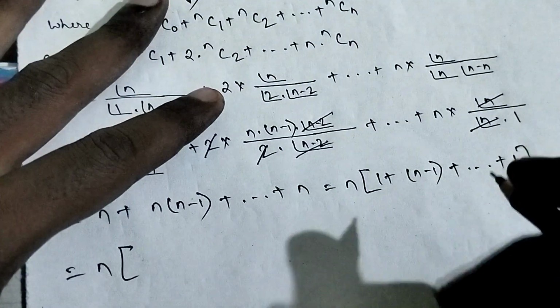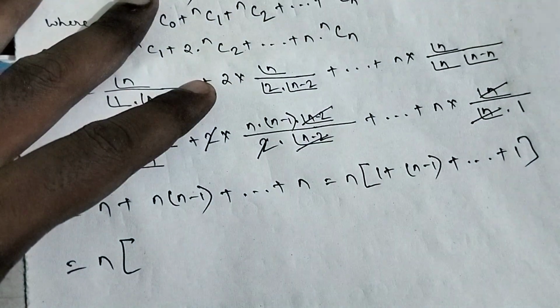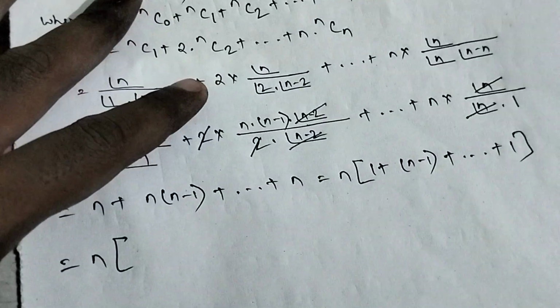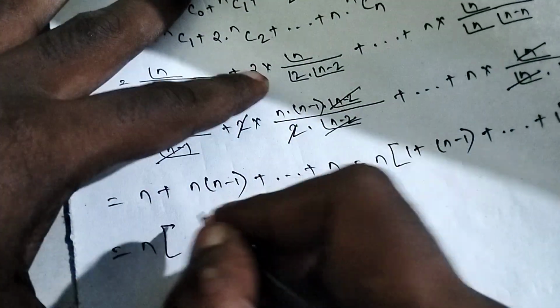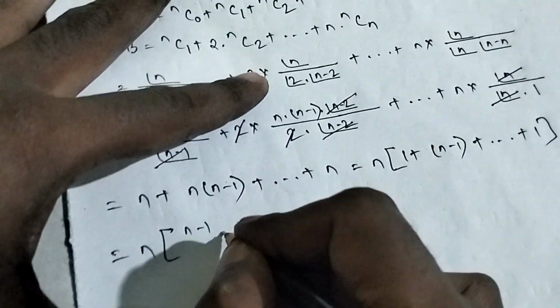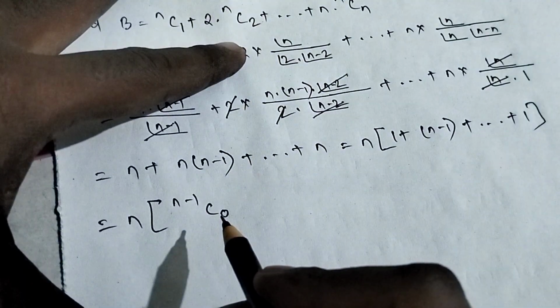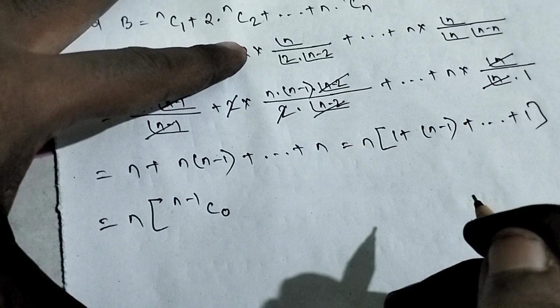In place of 1, I will write (n-1)C0. If you simplify it, it comes as 1 only.